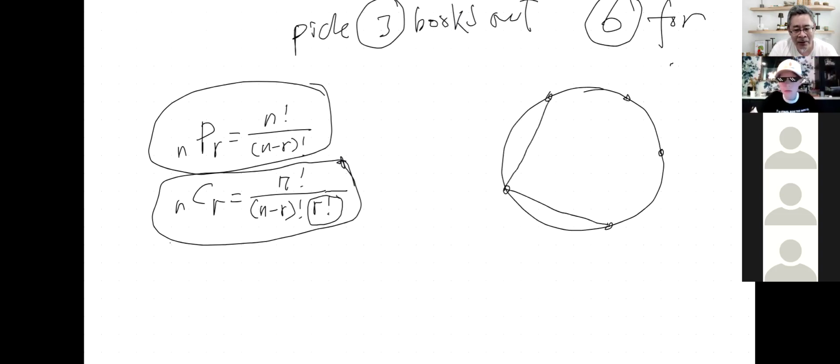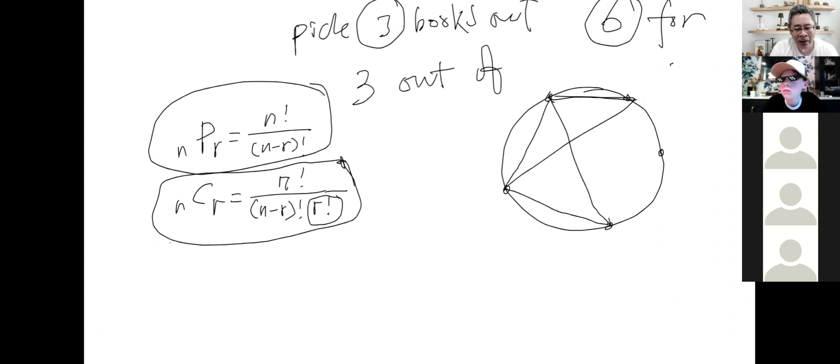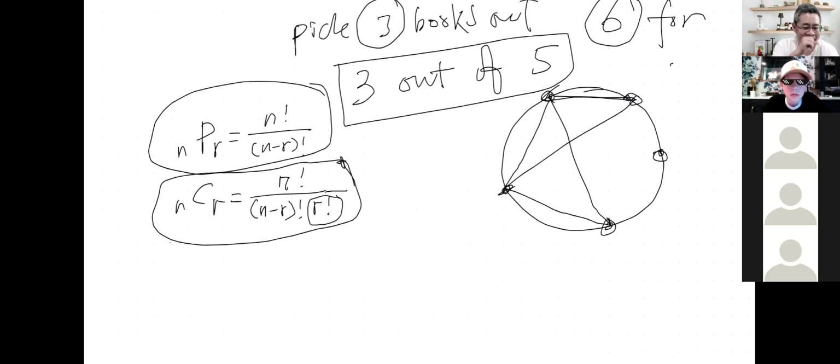How many triangles can we make? That's the same as 3 out of 5. Out of 5 points, we pick 3 points, then we can make a triangle. Again, the order does not matter, it doesn't matter how you pick those 3. So that's a combination problem.